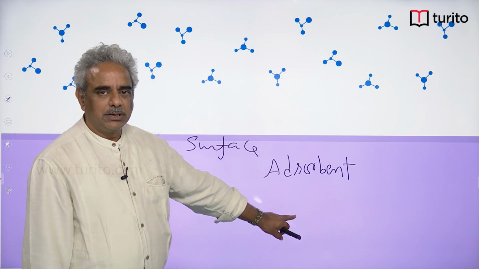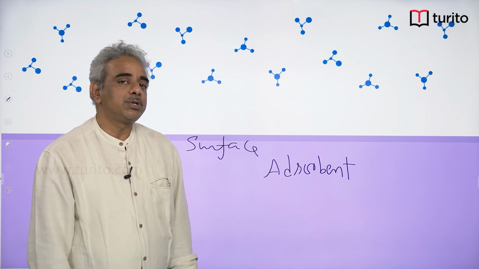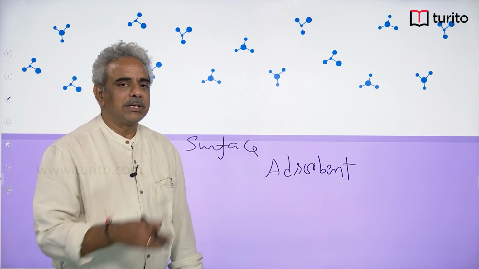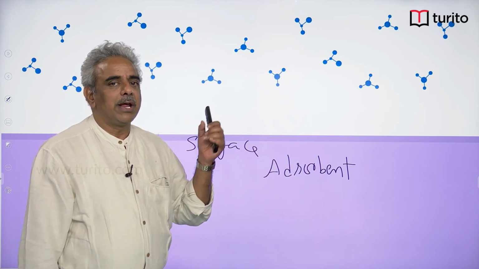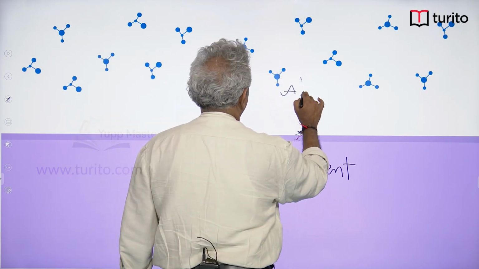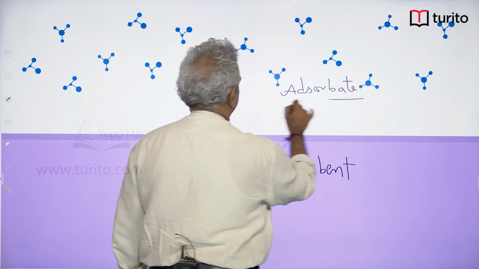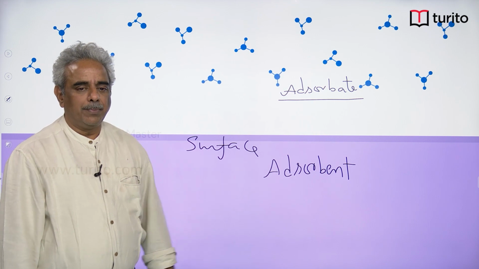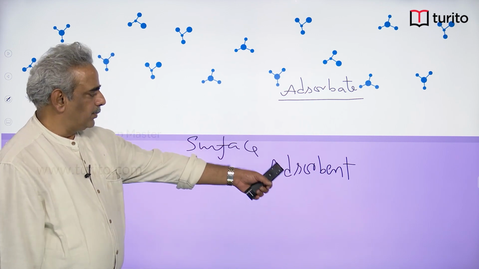A substance which provides its surface for adsorption to take place, and the particles of the second substance which are attracted and subsequently accumulated are called adsorbate. This is adsorbent, that is adsorbate. Adsorbent and adsorbate.